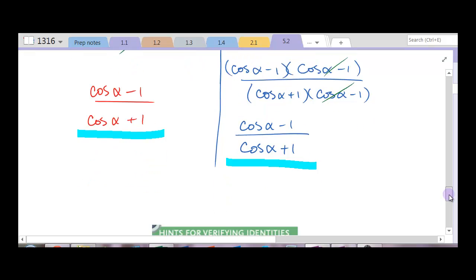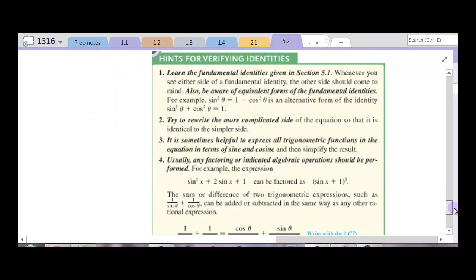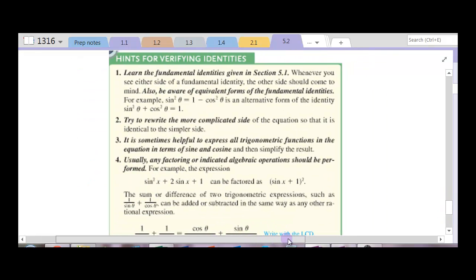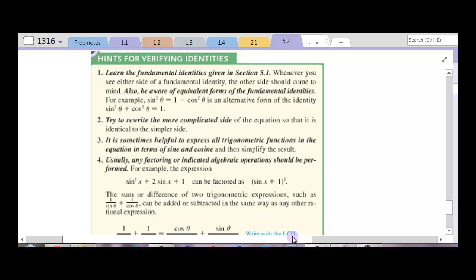Okay, so let's summarize what it is that we've done. The first thing you want to do when verifying identities is make sure that you are very familiar with the list of identities that were given in a previous video. So far we know Pythagorean identities, reciprocal, negative angle, and quotient identities.